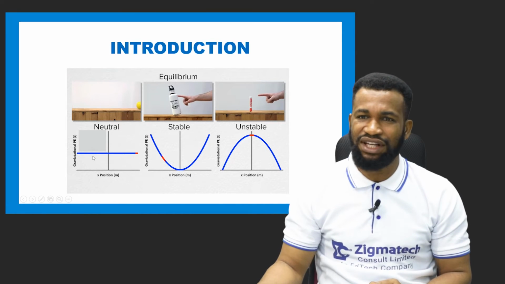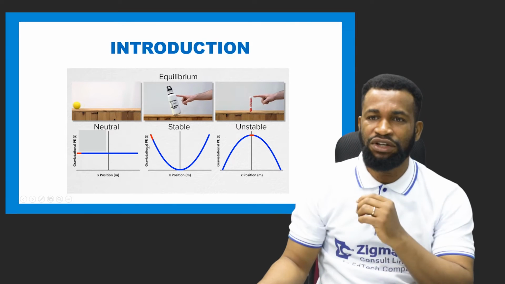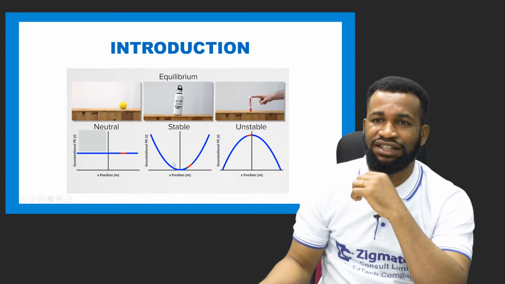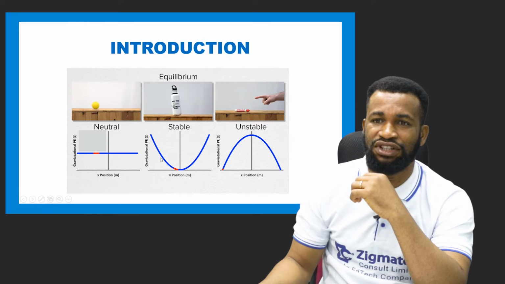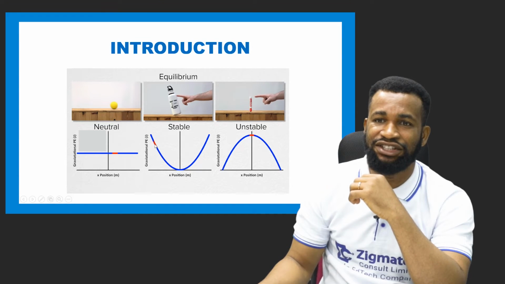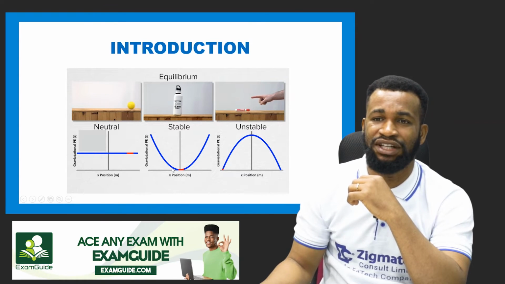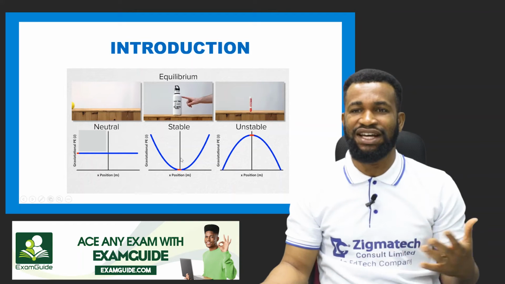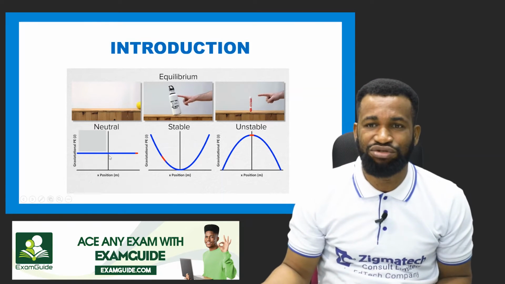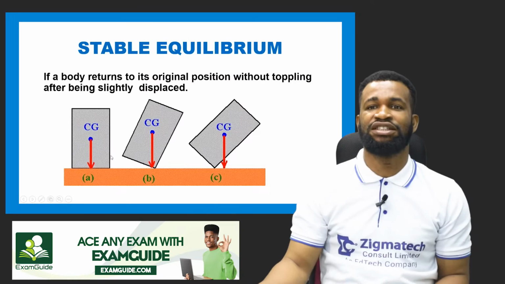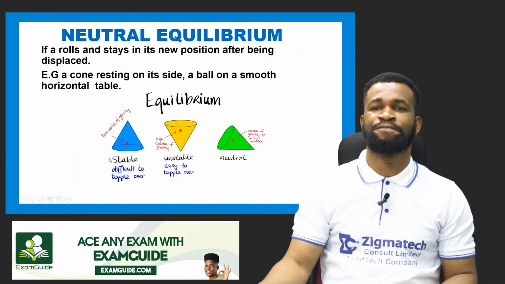Now, when you watch this one, you see that the height changes. The height goes to this part and comes back. Yes, the height has increased to this part. And when released, it comes back to this part and then goes a little. So there is a little change in height, but in neutral, there is no change in height. And that is why it behaves the way it does.